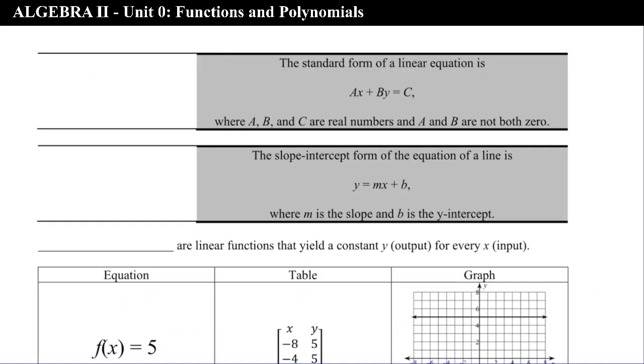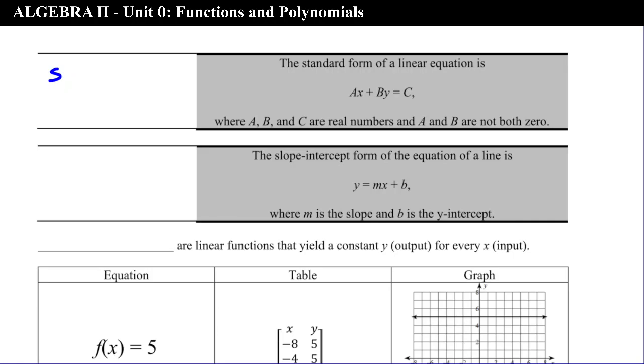Okay? Before we move on to constant functions, I do want to give you the formulas for lines, the two most often ways you will see an equation for lines.